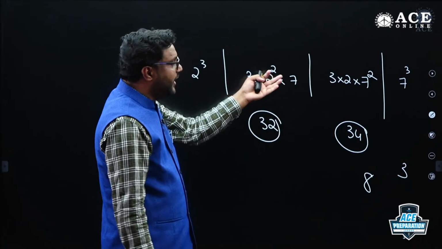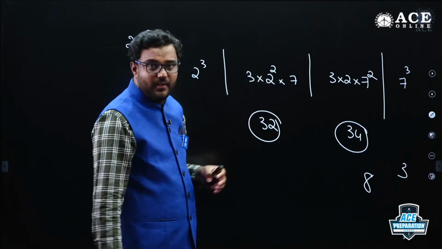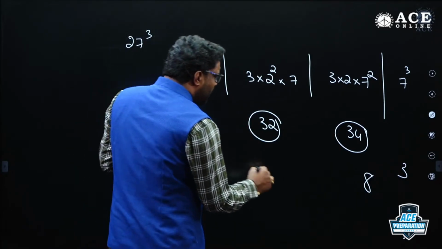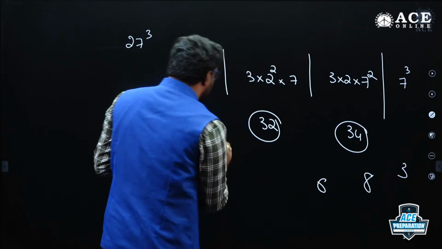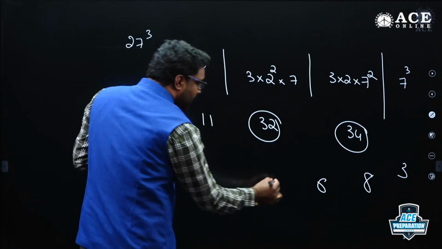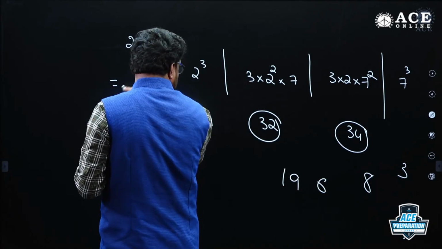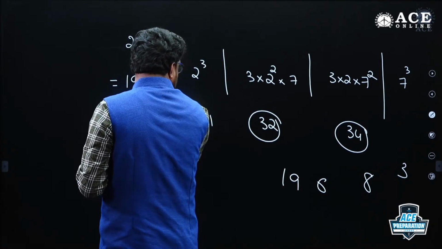Now 3 into 4 into 7, we have 84. 84 along with this 32, we got 116. So 6 here, 11 carry forward. 8 and 11 will give 19. If we do all this calculation, we got 19683.